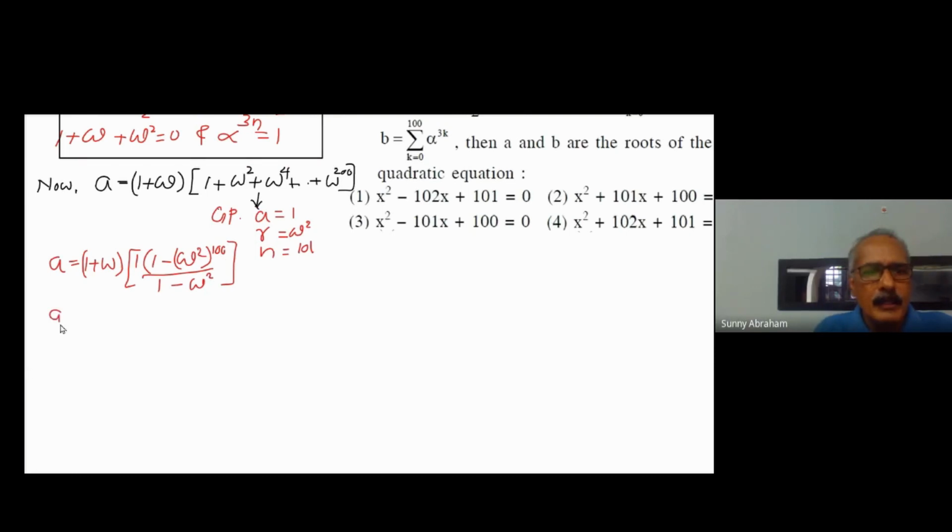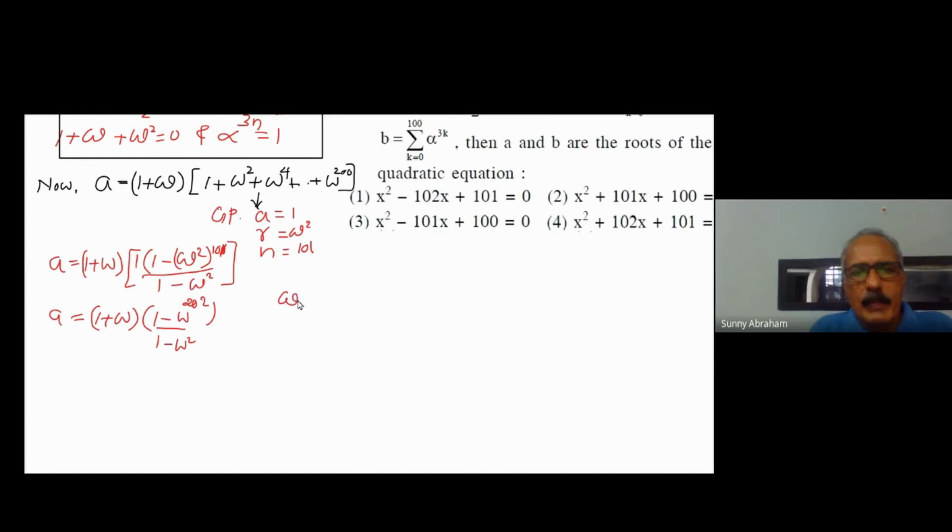Calculate. A is equal to (1 + omega) into (1 minus omega raised to 202) divided by 1 minus omega square.